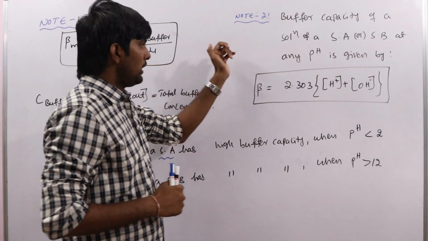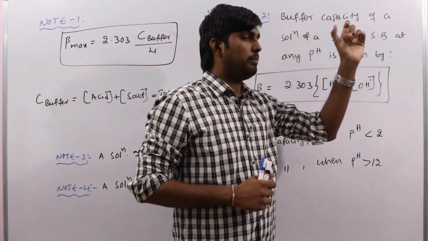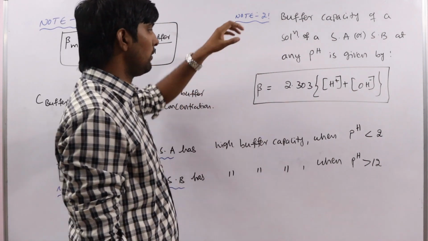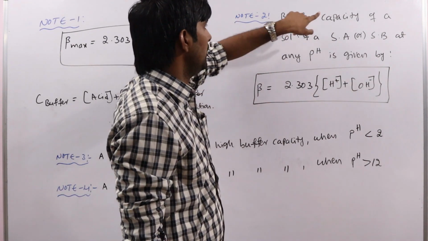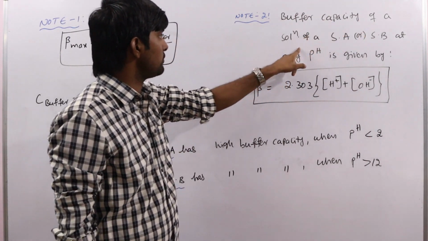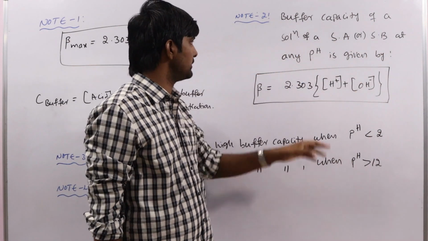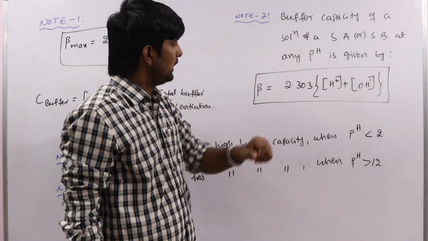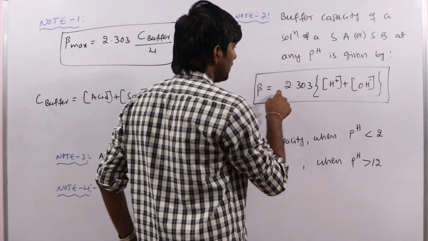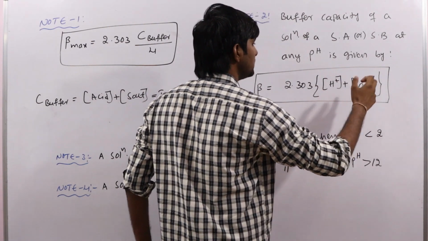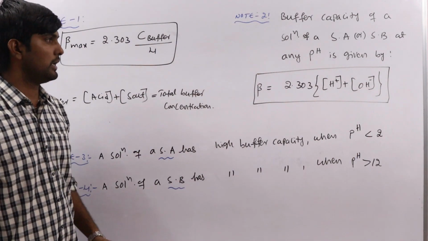Next, another case. Suppose we have considered a strong acid or strong base solution. In that case, the buffer capacity of a solution of a strong acid or a strong base at any pH is given by beta equal to 2.303 into concentration of H plus ions plus concentration of OH minus ions.